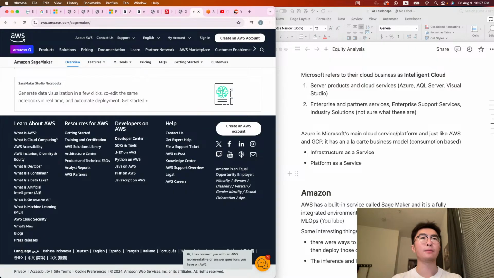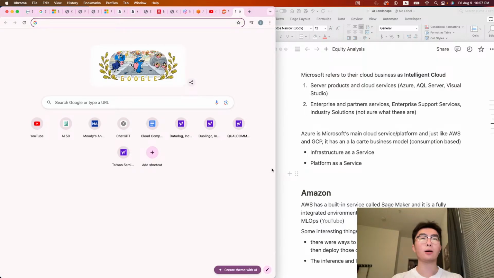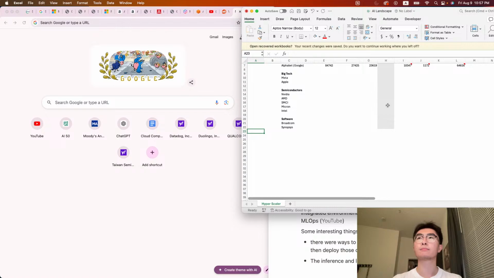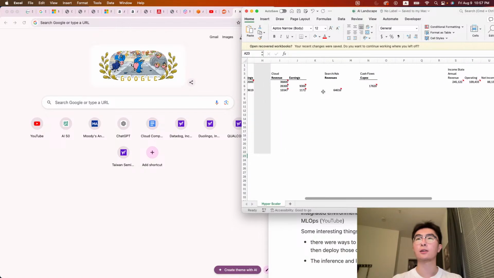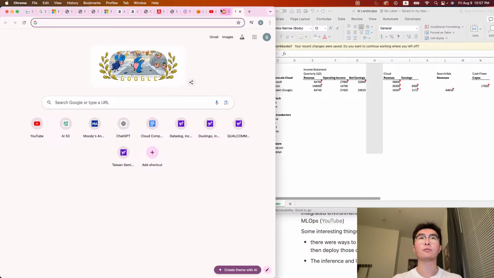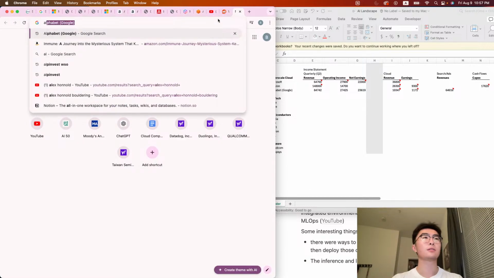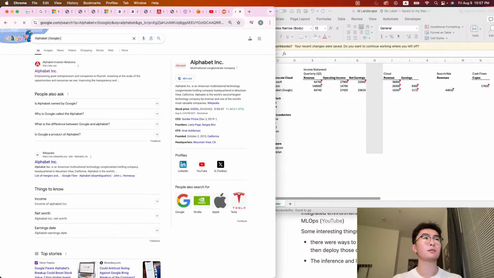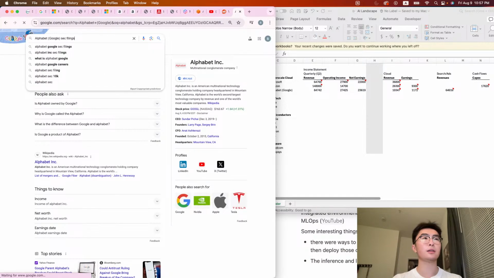So that's that. Now, going back to this, okay, CapEx for Alphabet. So Alphabet's SEC filings.